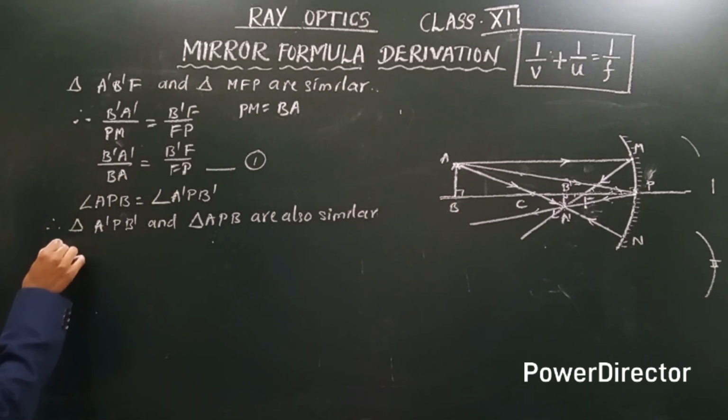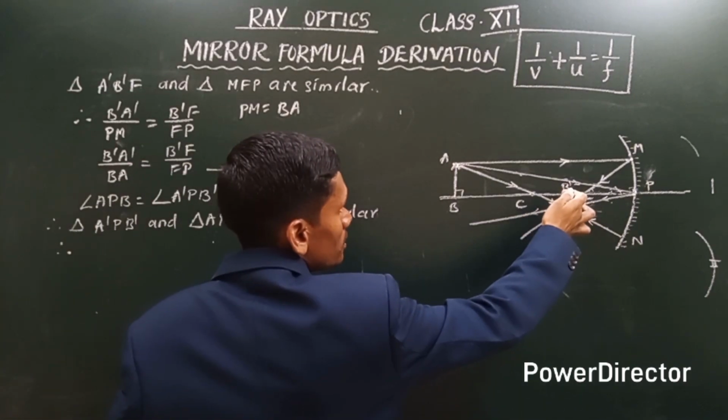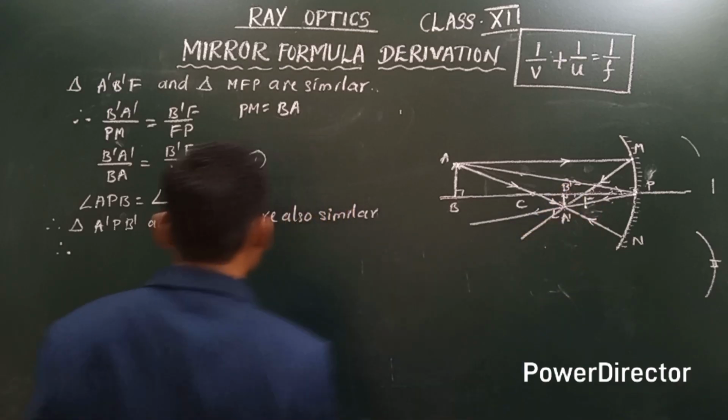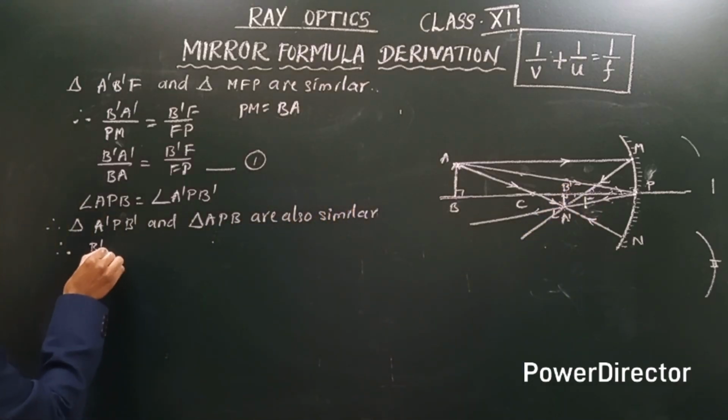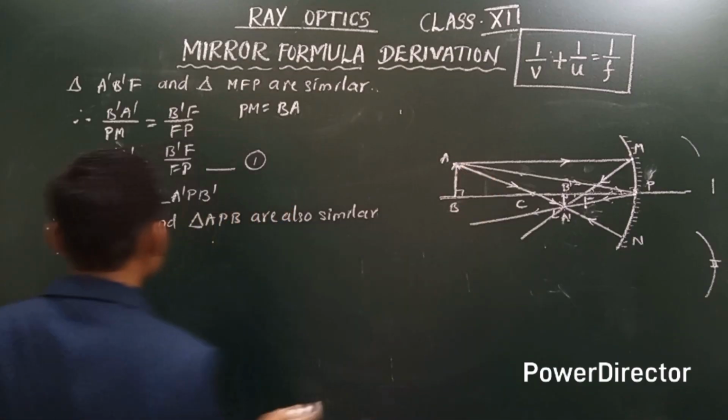Therefore, according to BPT, what does this become now? You have to write the sides in proportion: B dash upon A dash, divided by B dash upon A dash, this triangle BA.